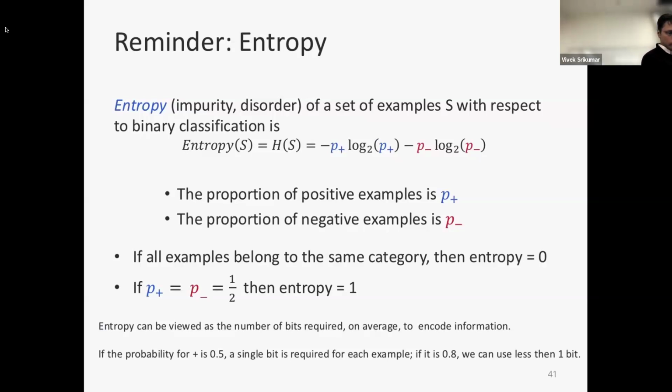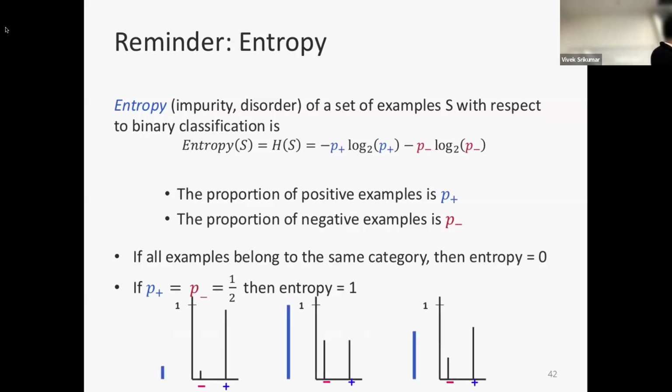If not, we'll move on. So here's another way to think about it. If your probability distribution is even, meaning both the pluses and the minuses are equally likely, then the entropy tends to be higher. If the probability distribution is uneven, then the entropy tends to be lower.